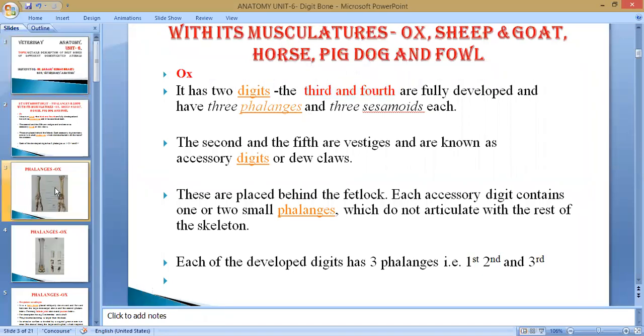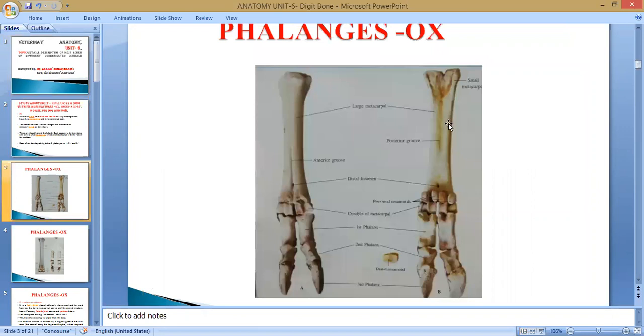So you see here, this is the metatarsal. From here to here is the metatarsal, and this metatarsal carries digits, the first, second, and third. From here to here is a digit, and each digit contains 3 phalanges, and from the distal part of the metatarsal to the third phalanx each digit contains 3 sesamoid bones.